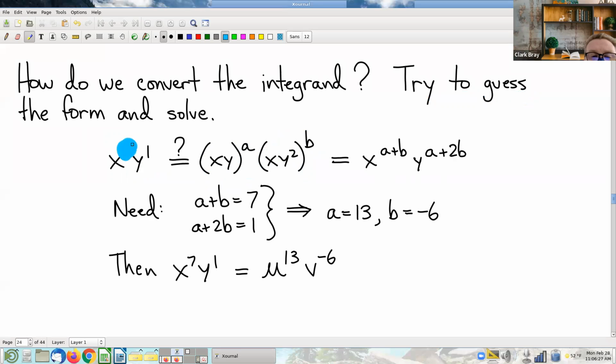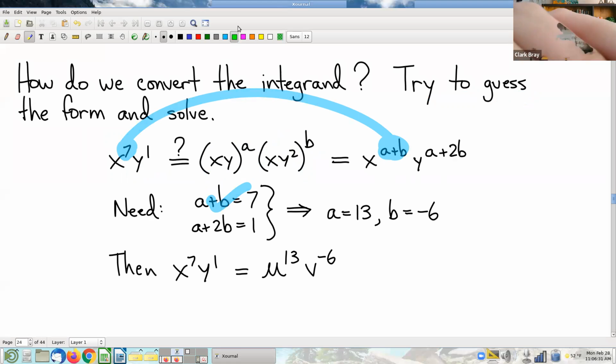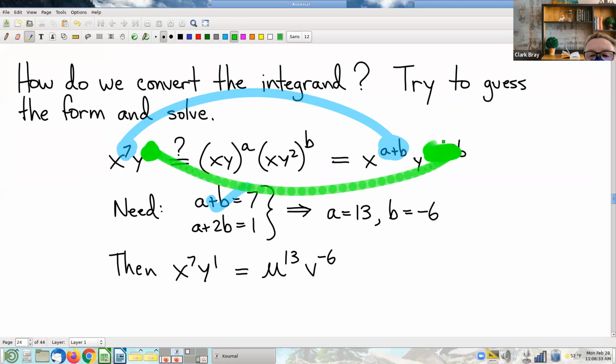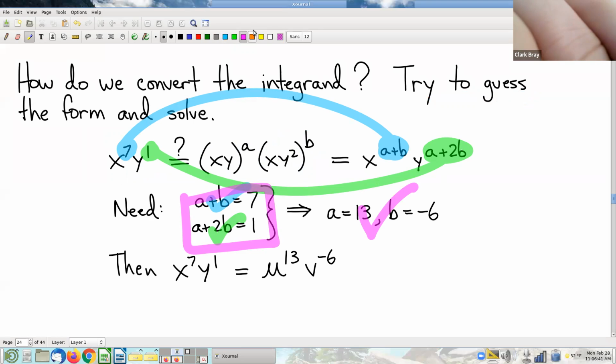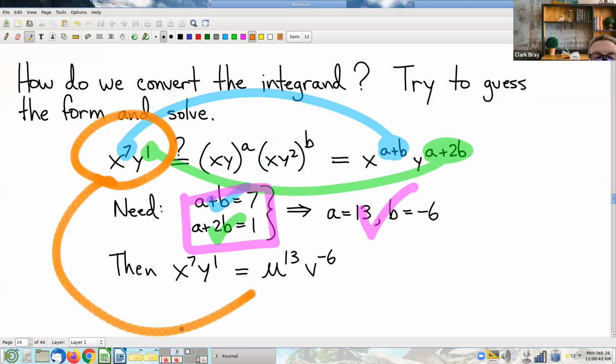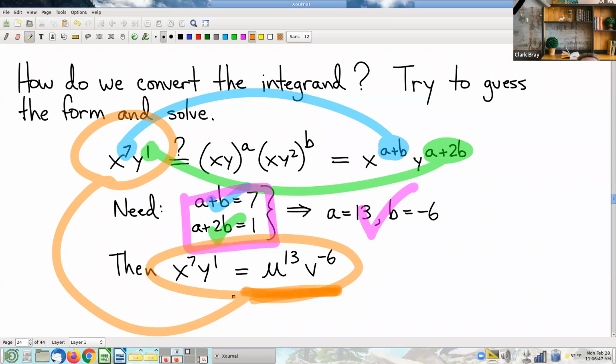I end up just needing for these exponents to be the same and these exponents to be the same. And so I get a little system of equations to solve, and it's easy to solve, and boom, there's my answer. The thing that I'm interested in, I've written it in terms of u and v like that. Everybody good? Again, different every time.